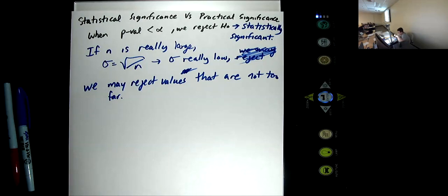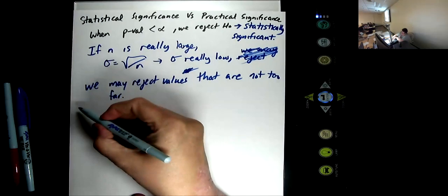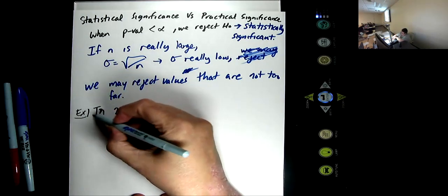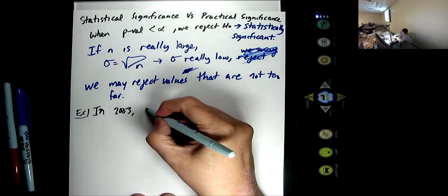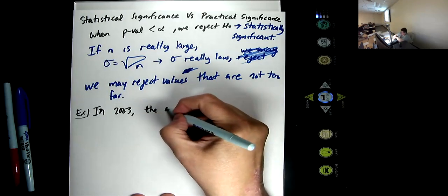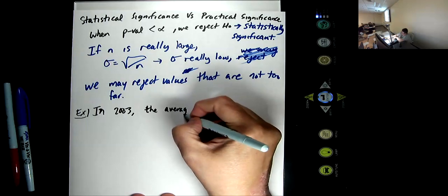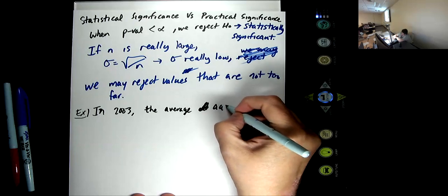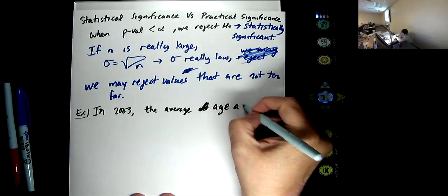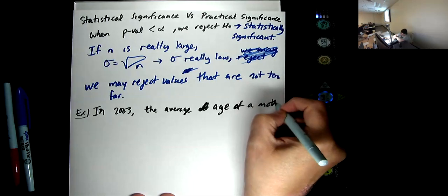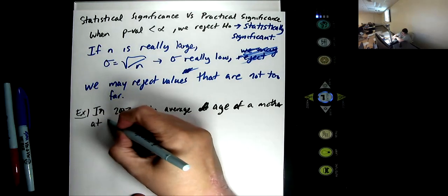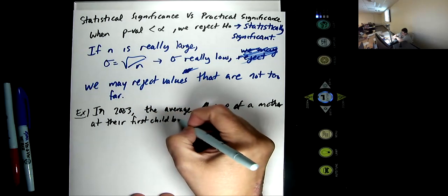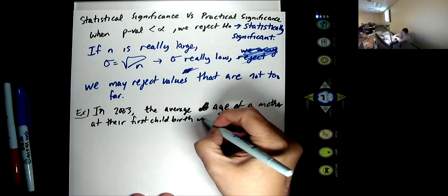This is also from the lecture notes. A quick example: in 2003, the average age of mothers at their first childbirth was 25.2 years.